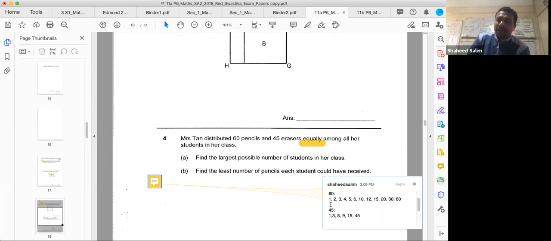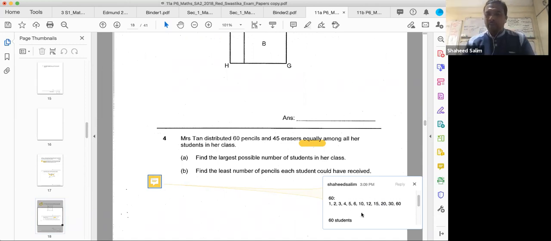If you want to find the number of students, we divide by these numbers. Imagine 60 divided by 1. If one person gets 1 pencil, there are 60 students. But it cannot be 60 because if you divide 45 by any of them, you will never get 60. Then the next one, you divide by 2.